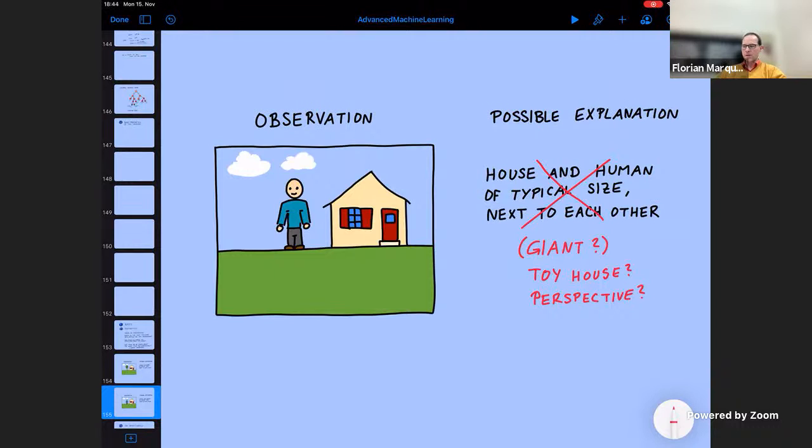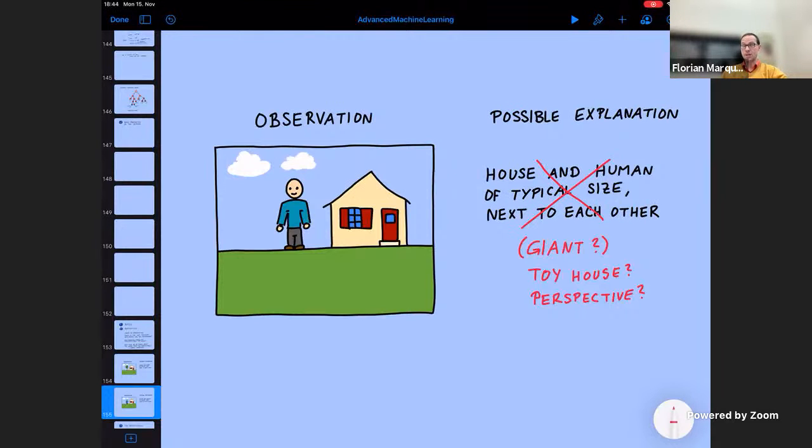And so this is already a first example of Bayes type reasoning. And if you look very closely, there were 2 ingredients. There were a range of possible explanations, and we have an idea of how probable these explanations are in the world. When I look at pictures, how often is this picture a picture of a toy house?